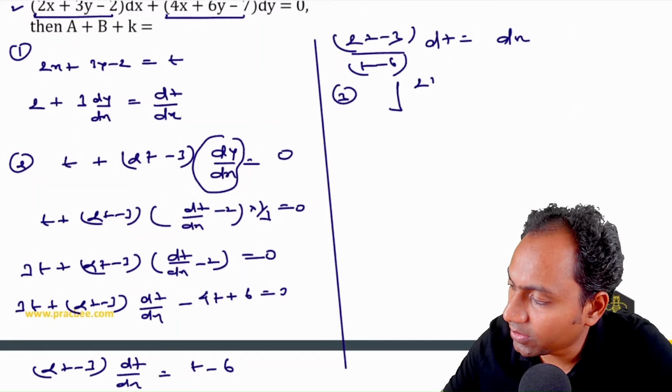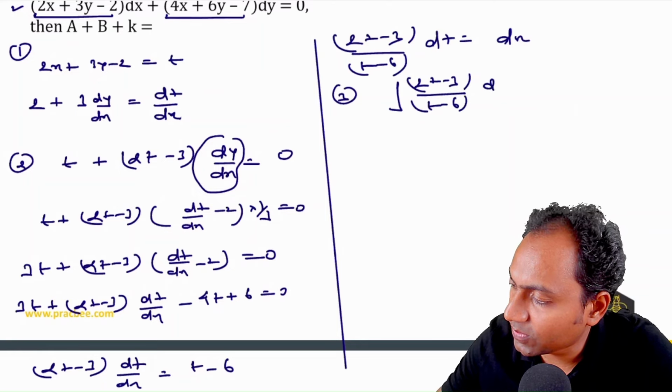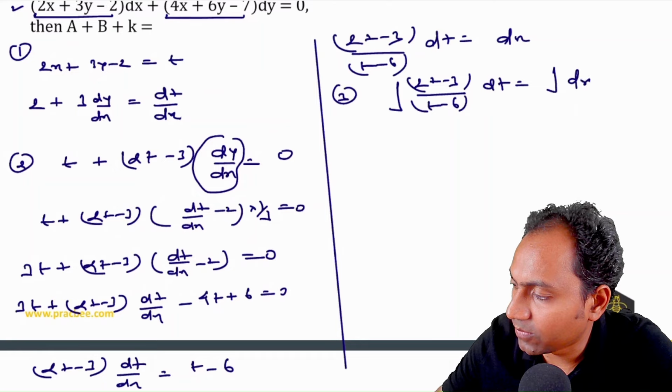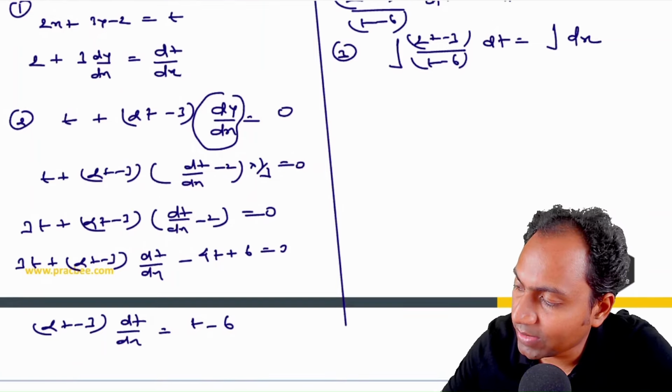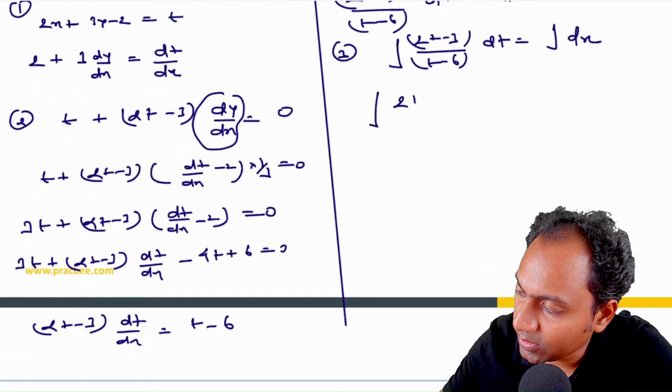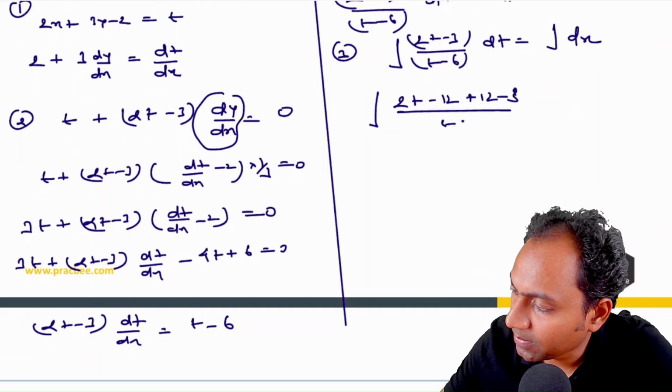So if I integrate 2t minus 3 by t minus 6 with respect to dt, this will be equal to dx. And if I simplify this, what am I getting? For that, I will have to divide. So this can be written as 2t minus 12 plus 12 minus 3 by t minus 6.